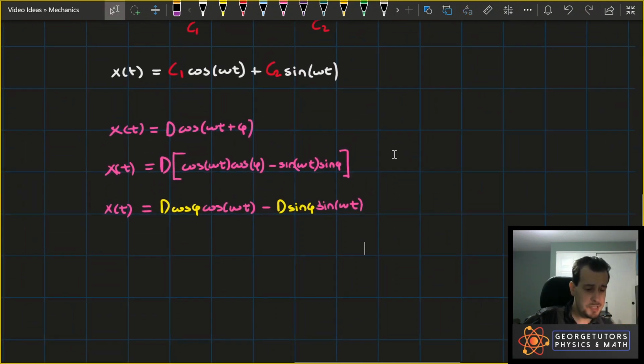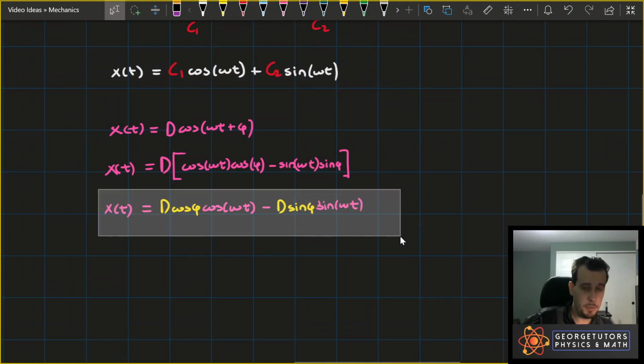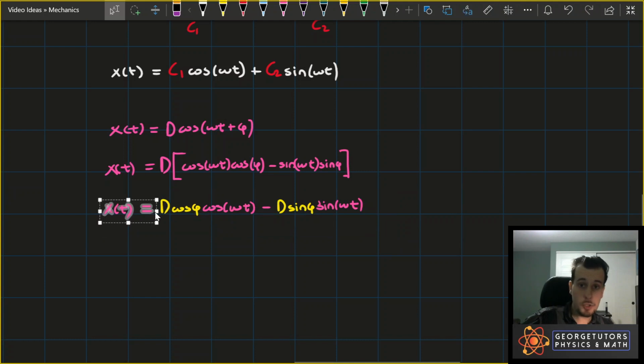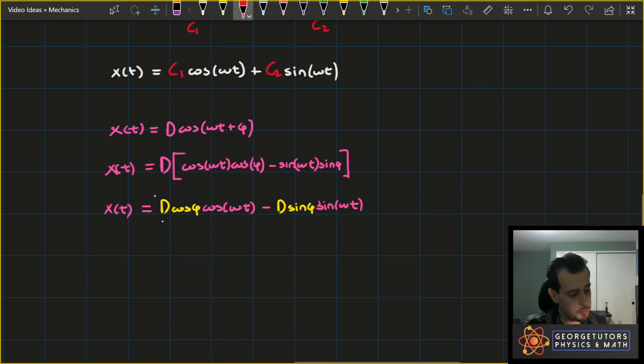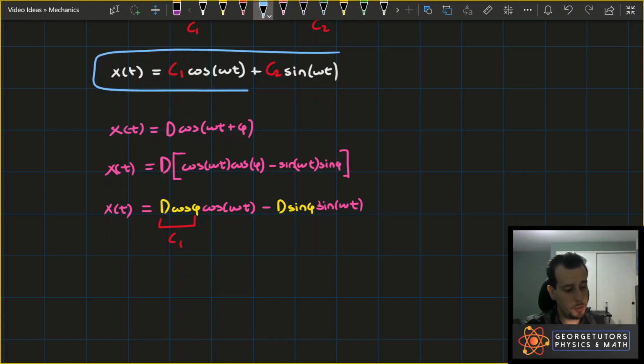Maybe you can see some connection if you pause the video and think about it. If you have done so and you're coming back, I'm just going to tell you, this constant down here is the C1 from this form over here, right? It's the C1 from before. And then the other constant over here is the C2 from before.